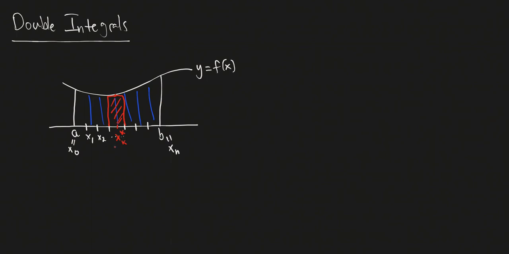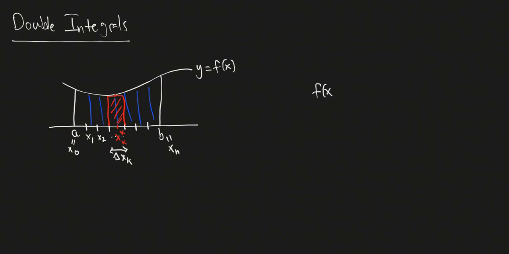So let's write down, so we remember what the notation looks like. If we use delta x to represent the width, so I'll say delta x sub k, if that represents the width of each of these subintervals, then the area of one rectangle is given by this.